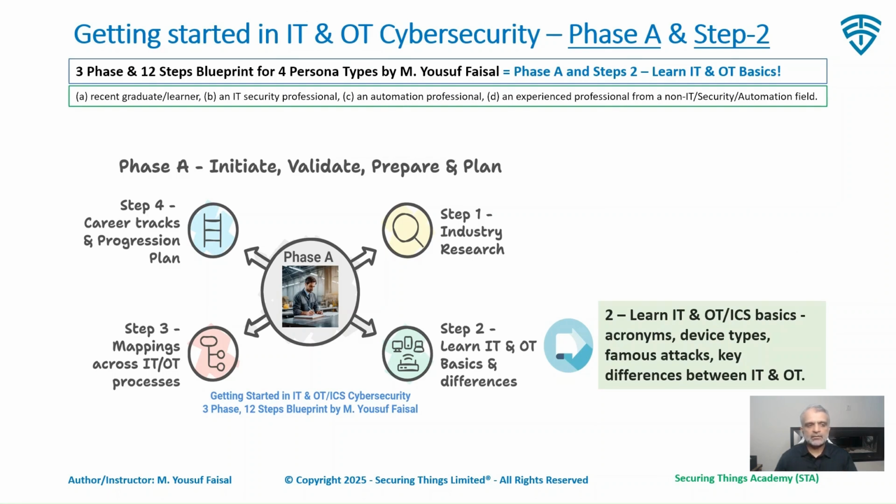In the previous session, we spoke about step 1, doing a basic industry research. In this step 2, learn IT and OT basics and the differences. Basically understand some of the famous acronyms, device types, famous attacks, and key differences between IT and OT. That's the core goal or the focus of step 2. So build this foundation as you progress.